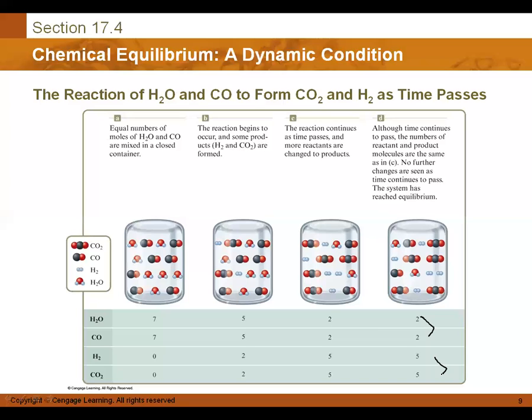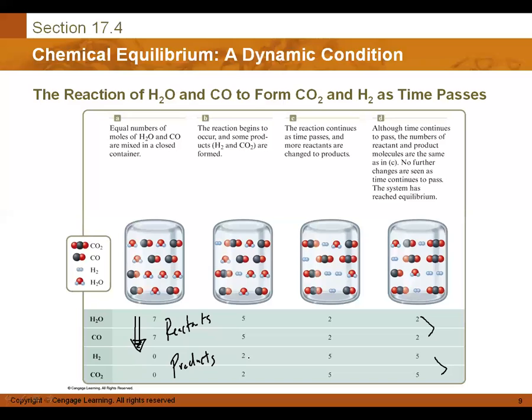It just means that once they lock into equilibrium, they maintain their numbers. When we start a reversible reaction, these are our reactants, and these two on the bottom are our products. When the reaction starts, it only has reactants, so it has to go in a one-way direction toward the product side.